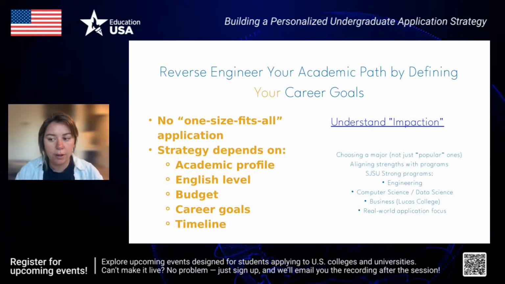We don't require letters of recommendation or statement of purpose. We don't require SAT or ACT. It's very heavily based on your GPA, your grade point average. That means all of the grades that you've gotten in your classes in high school. That's what we look at.